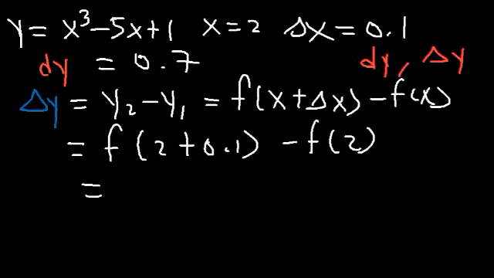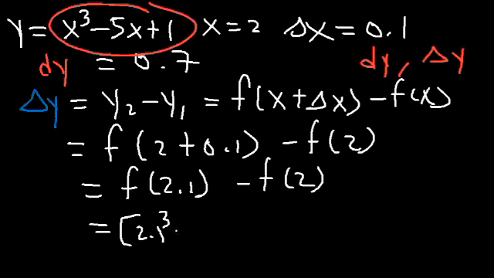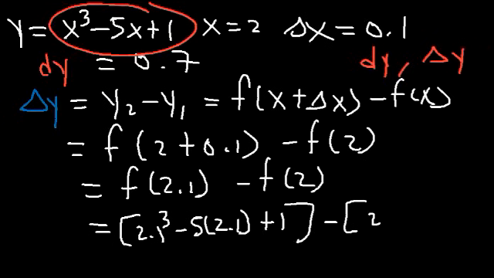So basically this is going to be f of 2.1 minus f of 2. So let's calculate f of 2.1. So let's plug it into the original function. So that's going to be 2.1 to the third minus 5 times 2.1 plus 1. And then let's plug in 2. So it's going to be 2 cubed minus 5 times 2 plus 1.